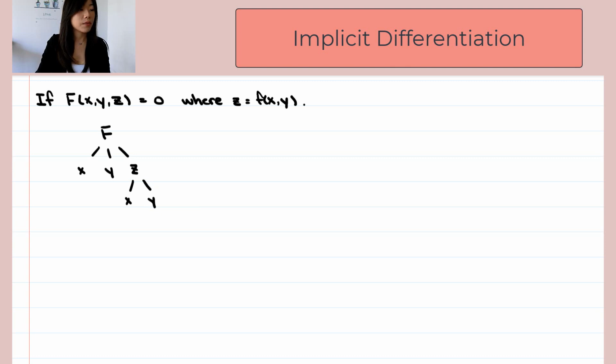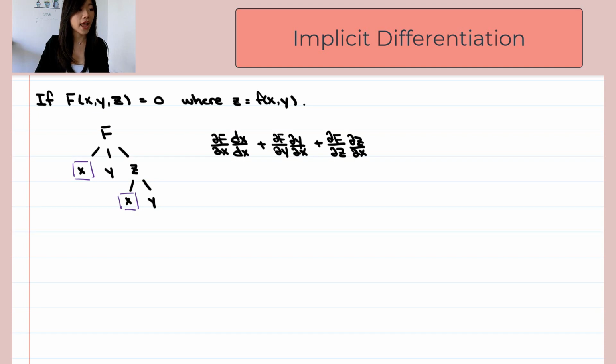If you want to get the partial derivative of f with respect to x, then I get df over dx times dx over dx, plus df over dy times dy over dx. And the last variable is z, so df over dz times dz over dx.